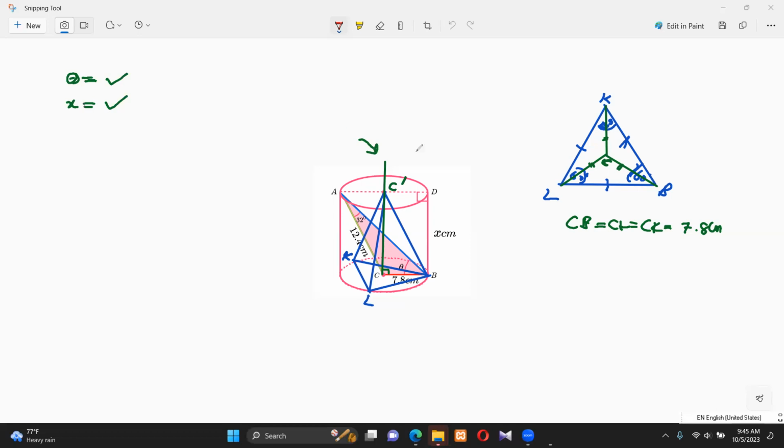Okay, I think first of all it's better to find out this side, BL, right? BL side. It means actually you have found out all these sides. How do we compute BL?